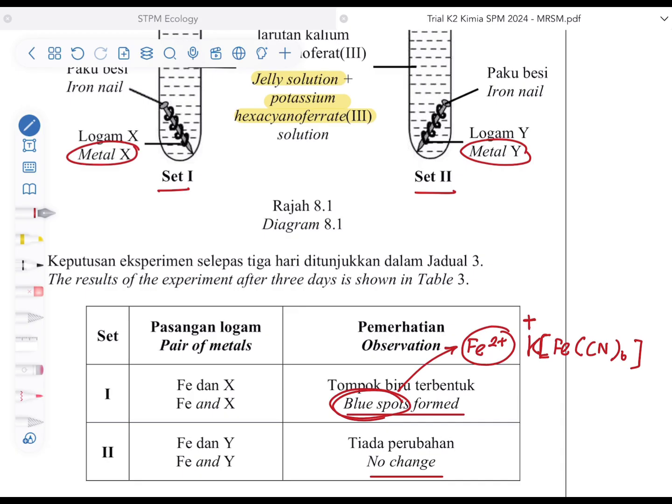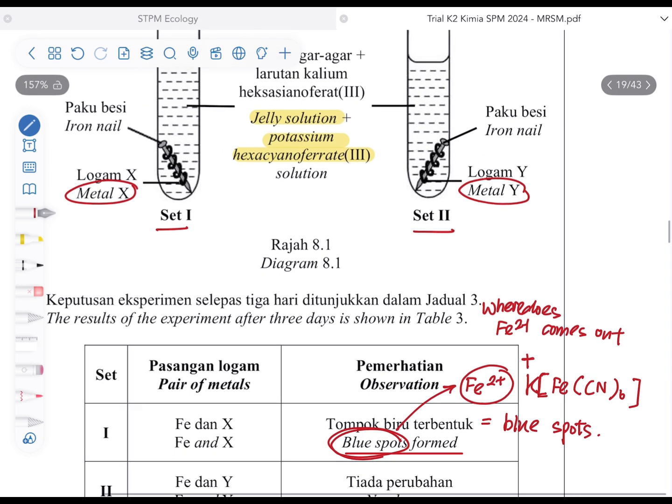When this iron(II) ion reacts with it, they will form the blue spot. Now you will ask, where does this Fe²⁺ come from?